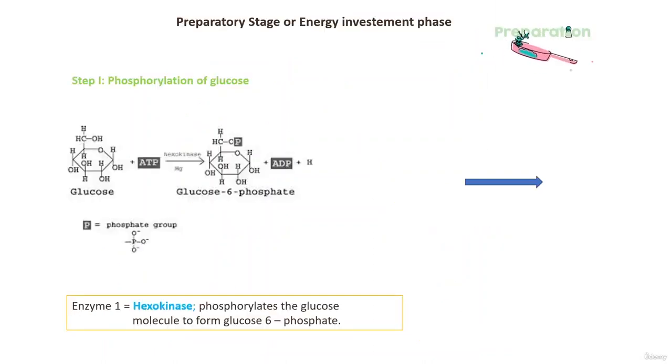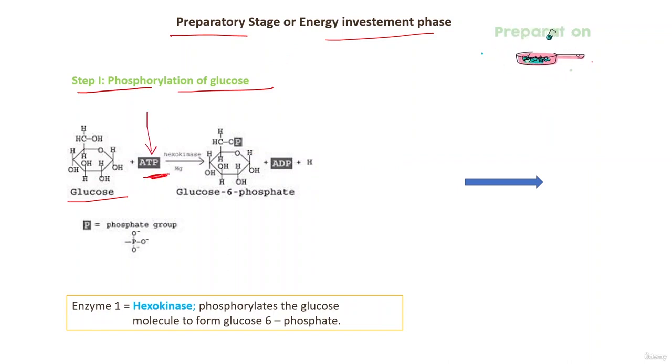First is the preparatory stage, where the preparations will be occurring, like the energy investment phase. Step 1 is known as phosphorylation of glucose. All you need to know is that here is the structure of simple glucose. As I said, this is the energy investment phase. So we are giving ATP as an input so that our glucose could be transformed into glucose 6 phosphate.